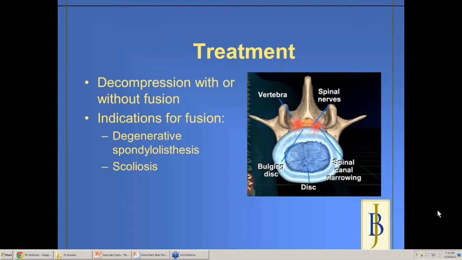So the surgical intervention to treat that is to stop the clicking and fix the scoliosis, which would be a fusion. Other interventions are ways to inject local anesthetic and steroids right around the joints themselves to help with some of that pain.